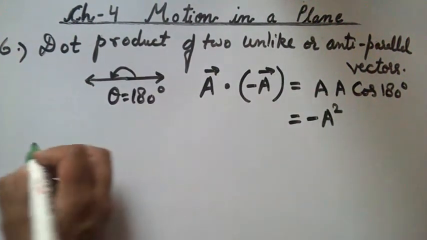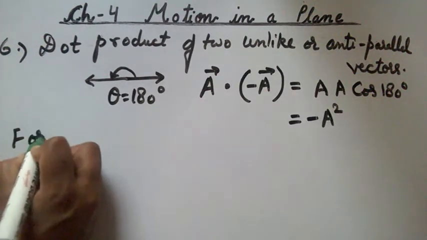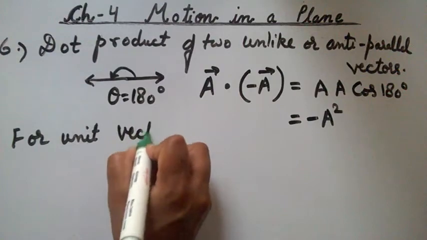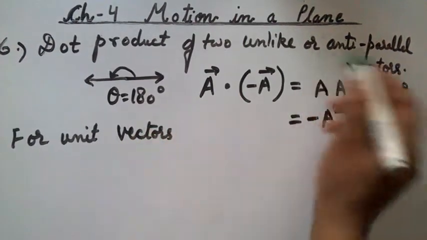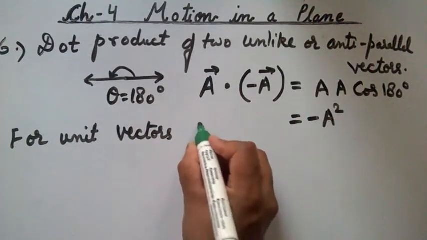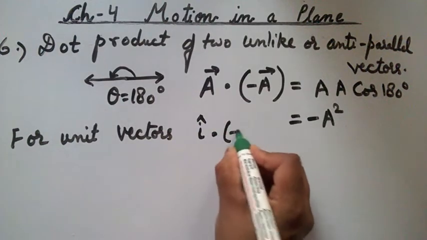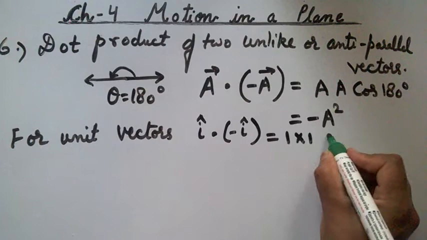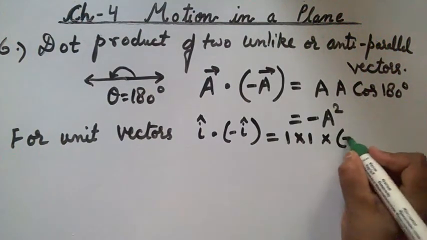Similarly, for unlike unit vectors, anti-parallel, i cap dot minus i cap gives magnitude 1 into 1 into cos 180, that is minus 1.